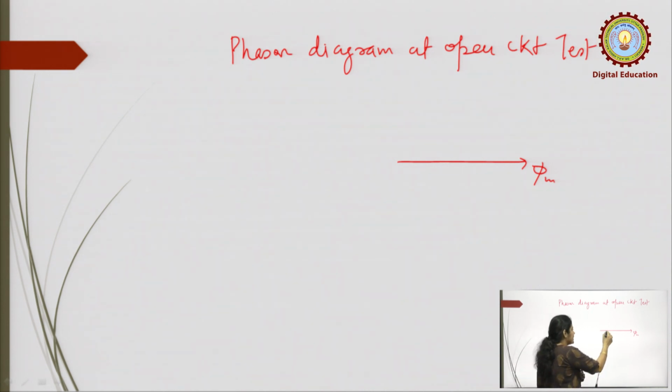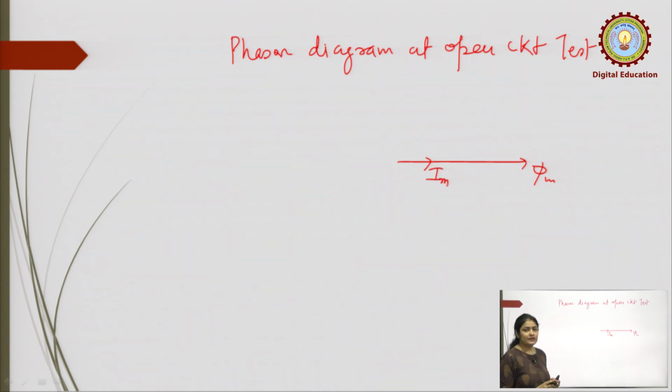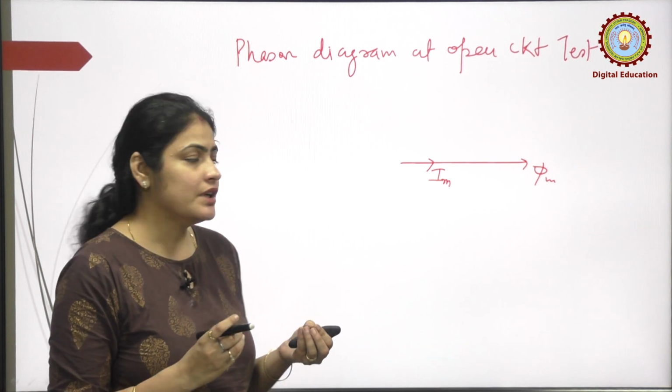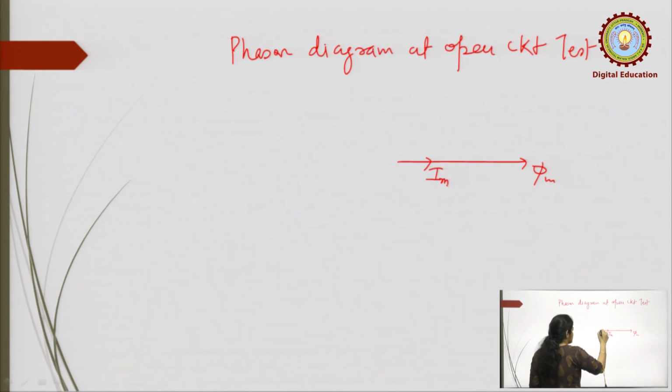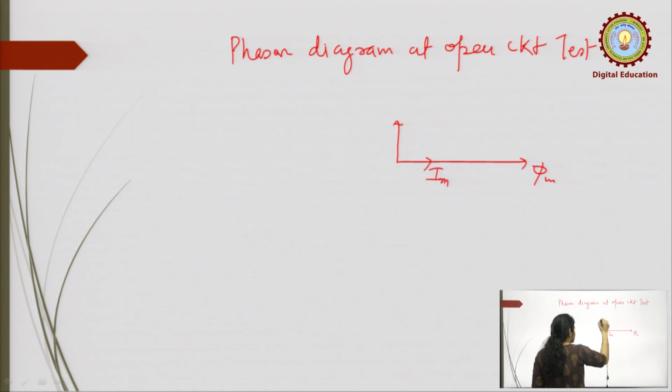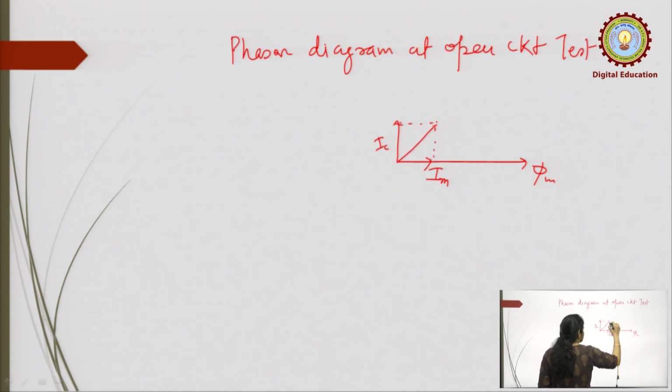Suppose the magnetizing current is Im, and the core loss component is also there, because it is a practical transformer, not an ideal transformer. There must be a core loss, which is in phase with this voltage. Suppose it is Ic, the core loss component. The sum of this Ic and Im becomes IE, that is the exciting current.